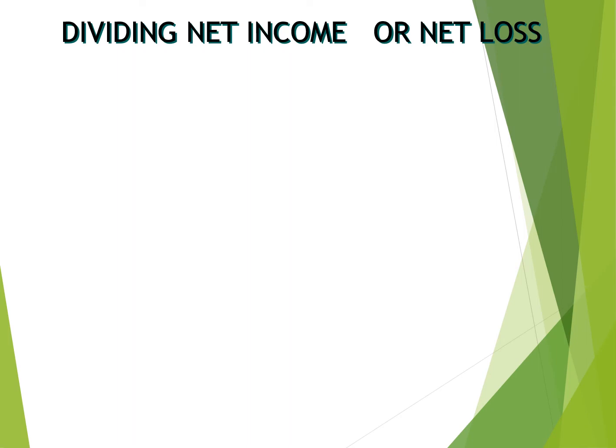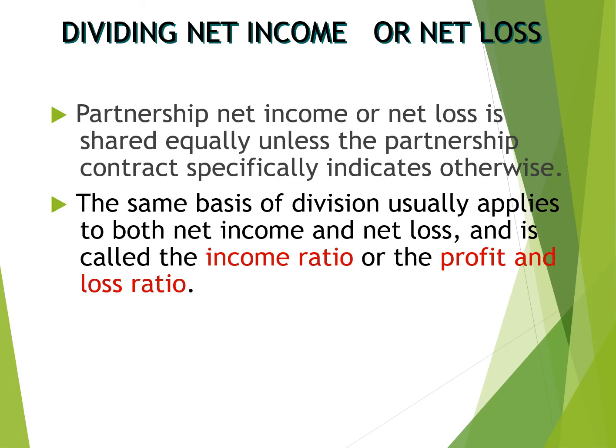So now we are dividing the net income or net loss, as we have discussed. In the partnership deed it is specified. In the absence of a partnership deed, the profit or loss is shared equally unless the partnership contract specifically indicates otherwise.